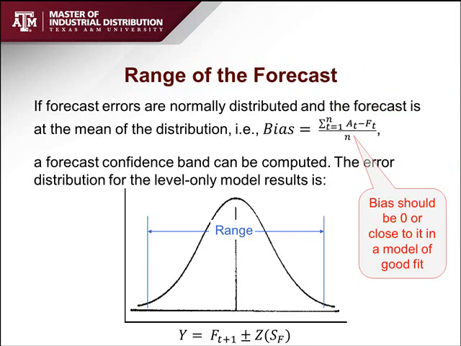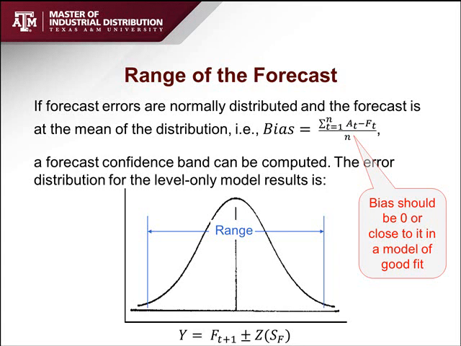Another metric we use for forecasting evaluation is bias. Basically, you just subtract F_t from A_t and divide by n. What it means is if this is 0, overall you are just okay.